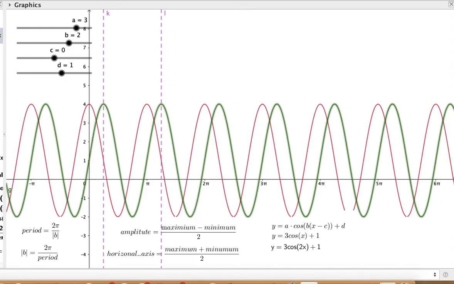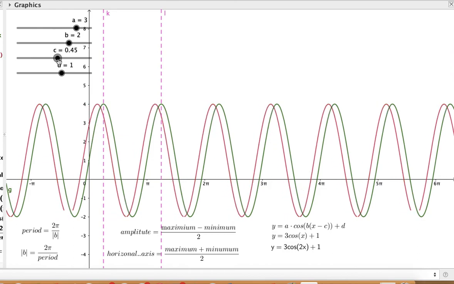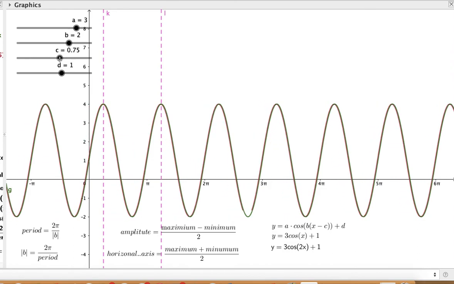So very simply, I have to shift it pi over 4 to the right. It's probably right around there, and it's a decimal number. Don't worry about the decimal number. But over here, my final result should look like this.